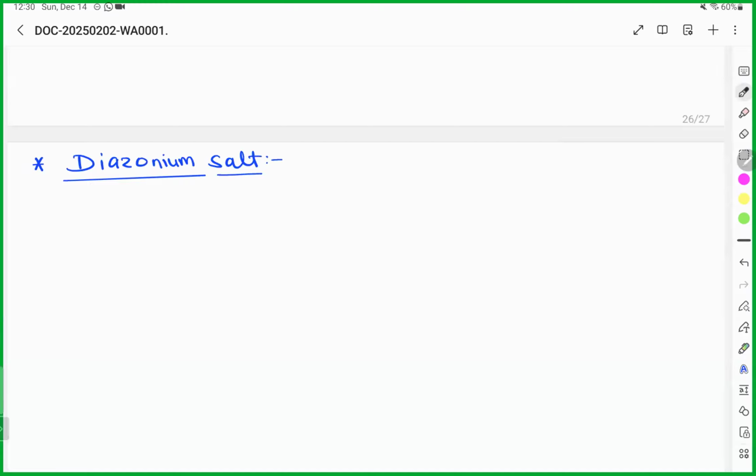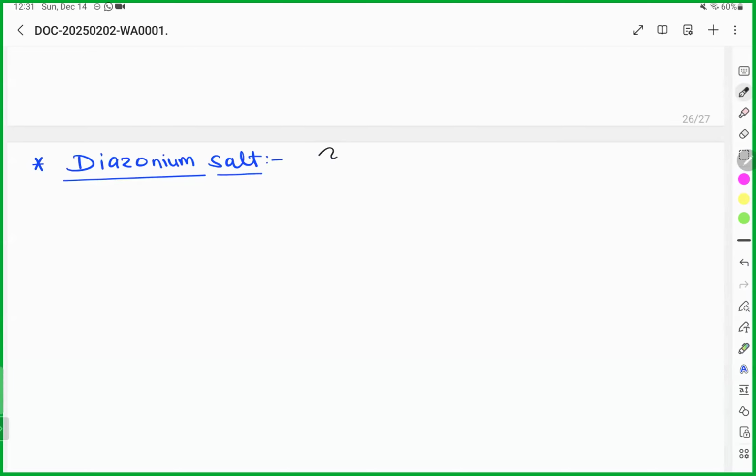we cannot form easily. Like in aniline, you cannot easily add iodine or cyanide, but with the help of diazonium salt, you can easily form many compounds. Multiple forms are possible because of the diazonium salt.